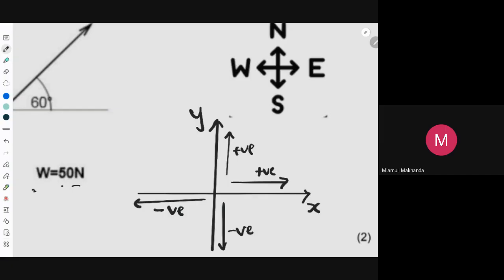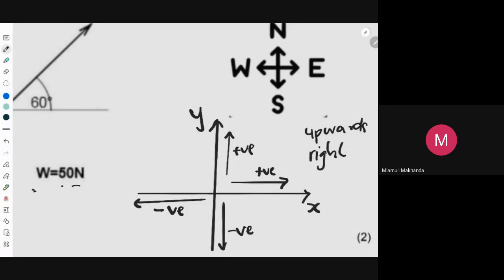So whenever I choose directions, I just choose the directions that I regard as positives. My positive Y and my positive X. What do I mean by that? So I'll say I choose upwards as positive because I know Y is positive when you go upwards from 0. And I'll choose to the left as positive because I know my X is positive when I go to the left. No, not left, sorry, right. My bad.